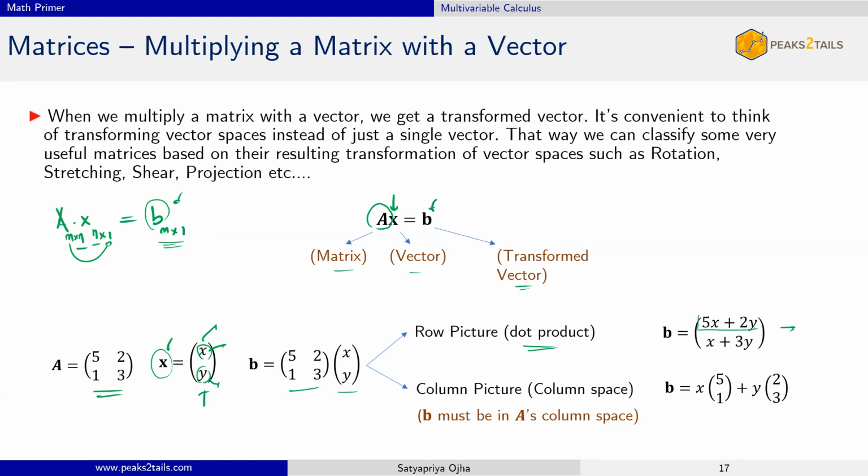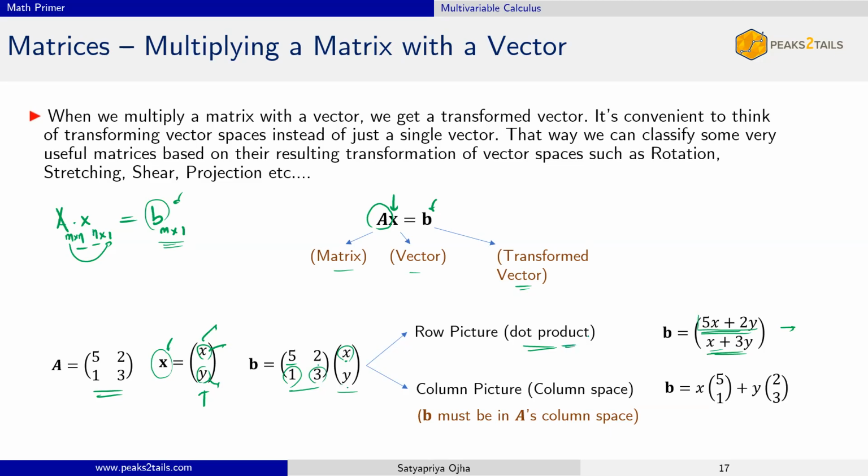So what is the first row? First row is 5 times x plus 2 times y, 5x plus 2y. And the second row is 1 times x plus 3 times y, which is x plus 3y. So you look at it row by row. That's a row picture or a dot product picture.